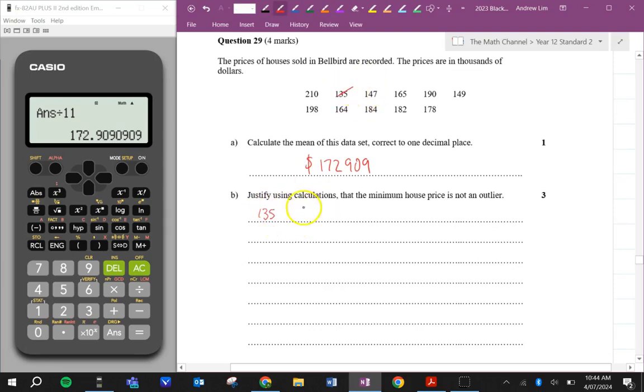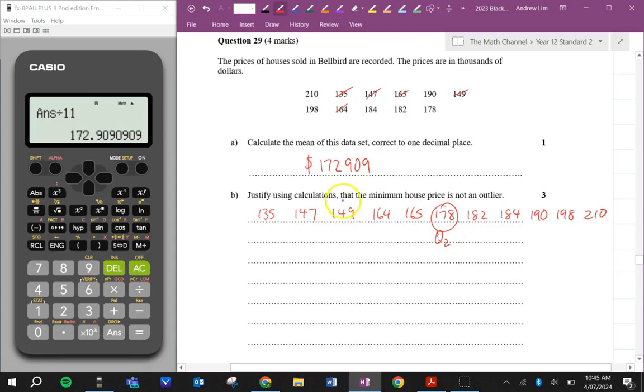Then 147, 149, 164, 165, 178, 182, 184, 190, 198, and 210. Alright. 1, 2, 3, 4, 5, 6, 7, 8, 9, 10, 11. Good. So that tells me that 1, 2, 3, 4, 5, 6. This is my quartile 2.